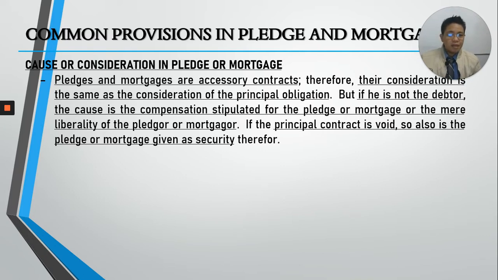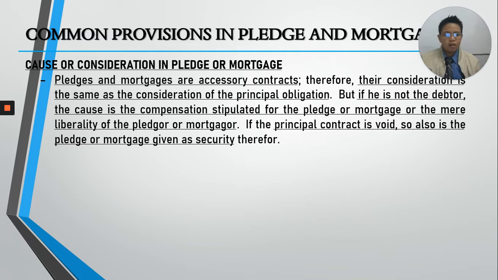So, it can happen, class, na ang debtor wala siyang property or wala siyang isasangla pero merong ibang tao na magpe-pledge or magmo-mortgage ng kanilang sariling property to secure the debt of the debtor. So, it can happen that way.